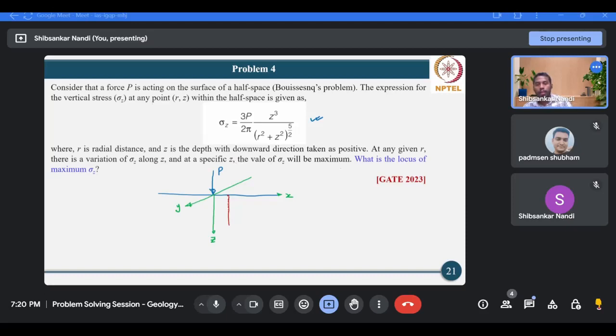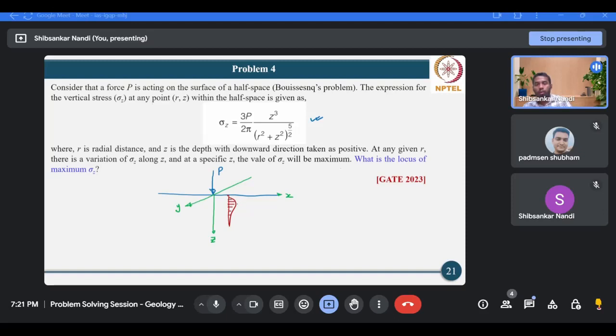So you will be getting this type of distribution. Okay, so if you draw the variation for different values of Z, keeping R constant, please be careful, keeping R constant, if you vary Z, you will be having this kind of distribution.